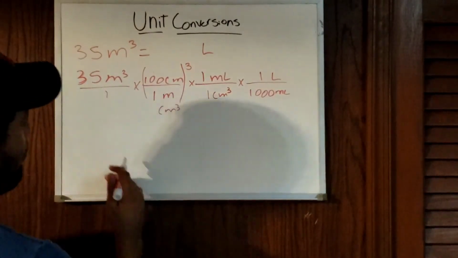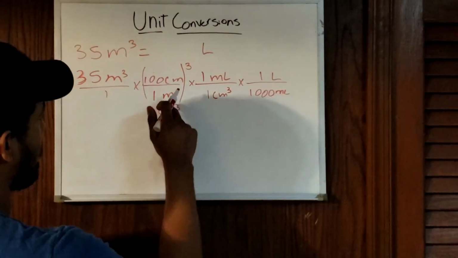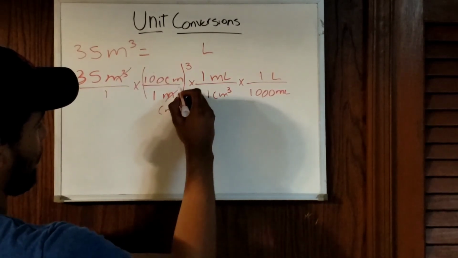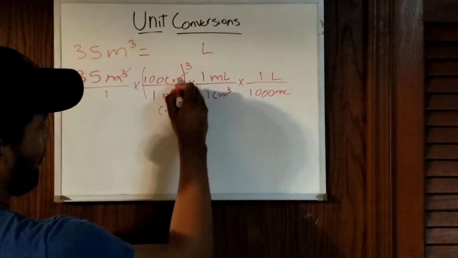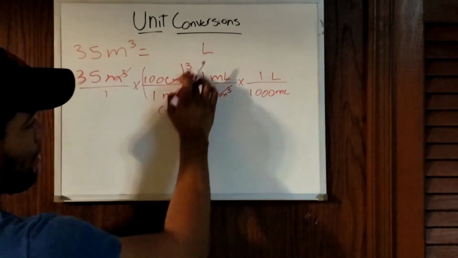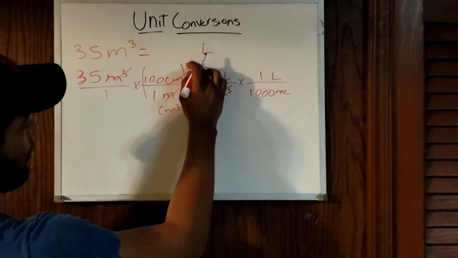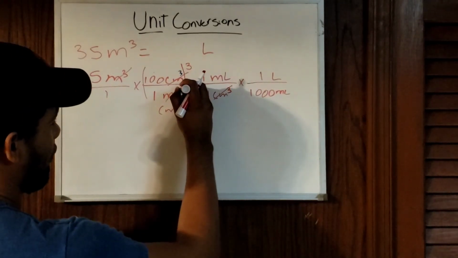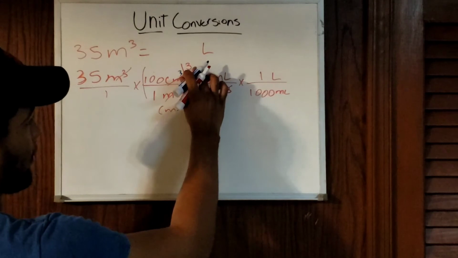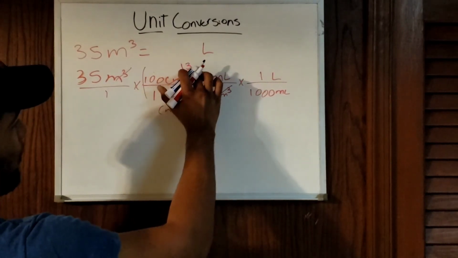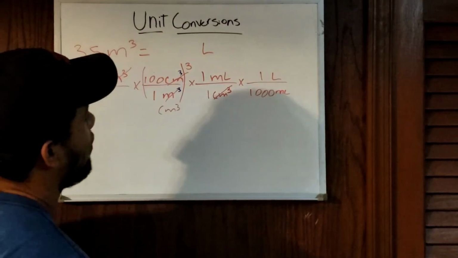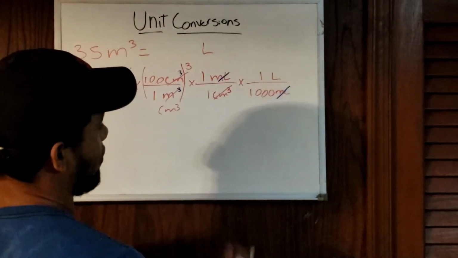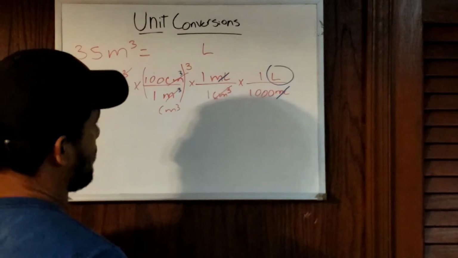Now from there on, all you have left to do is cross out your units, so meters cross out with the meters cubed that you have here. There's centimeters up here, cross out with this one. I know I didn't write it here, but you can imagine this 3 as being here after you multiply the fraction. Remember this exponent, you have to apply it to everything inside. So then milliliters cancel out with the milliliters, and you're left with only liters up here.